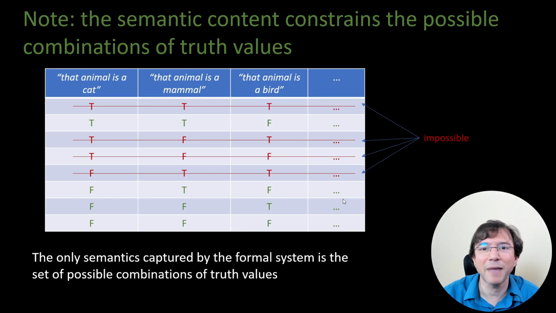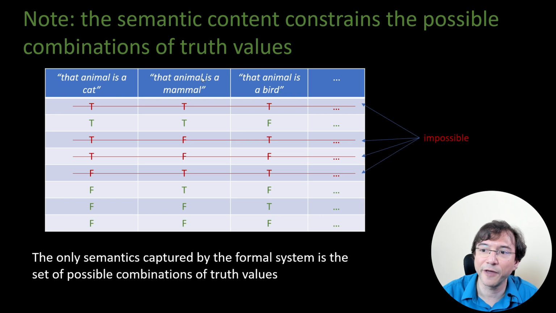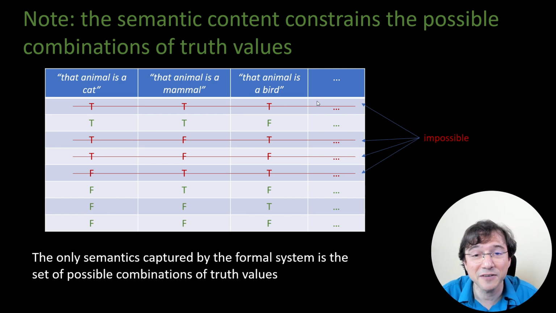And the semantic content is really what constrains the possible combinations of truth values. So for example, suppose that we have a context, and in this context we have these three statements: that animal is a cat, that animal is a mammal, and that animal is a bird. Now, these are all the possible combinations of truth values that in principle three statements can have, but these three particular statements can't just have any combination.